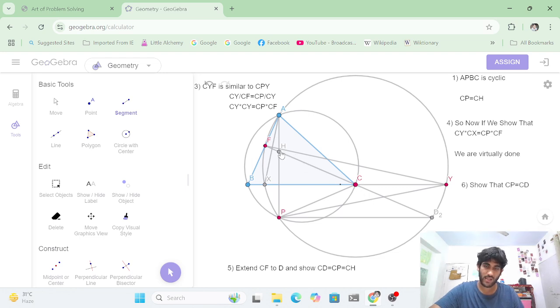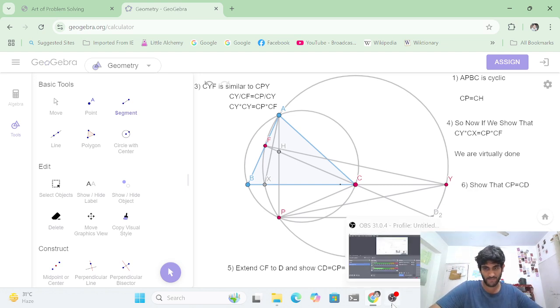Then I replace CH in this statement: CY into CX is equal to CP into CH. And then I divide by the lower part of this, to get CY by CX is equal to 1. And thus the problem is solved.